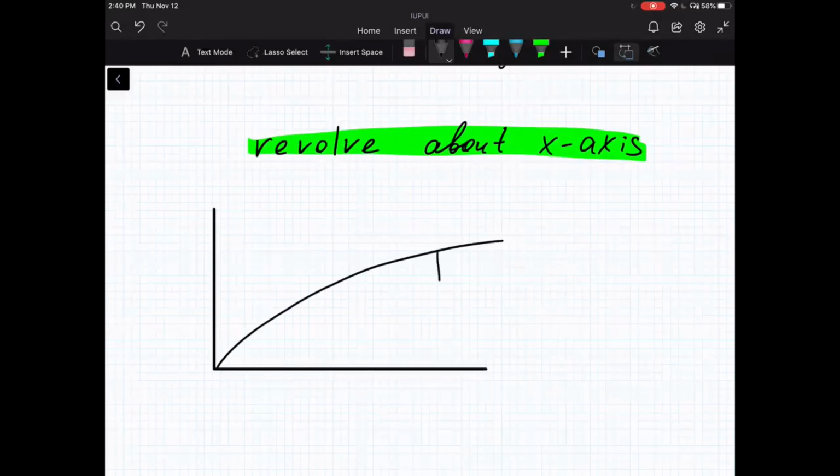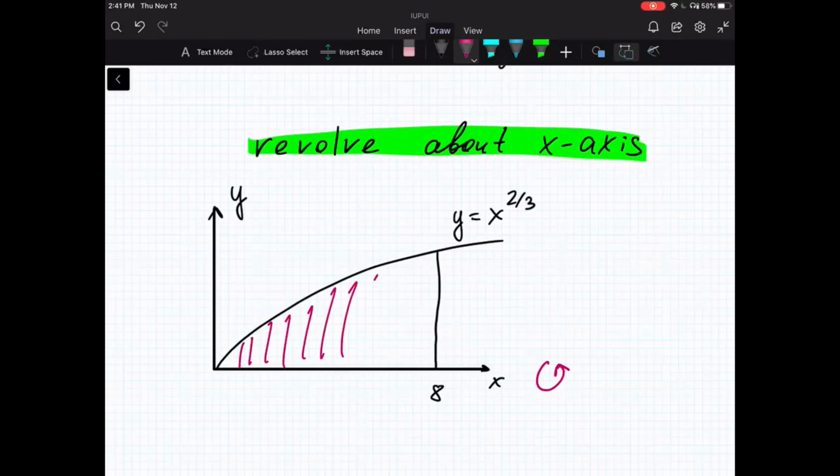But just to show the difference, let's do the same example, but revolve this region about the x-axis. So I rotate around x. Still my region is this one, but now my typical element is a vertical rectangle. This vertical rectangle has base dx and height f of x, which is x to the power 2/3.